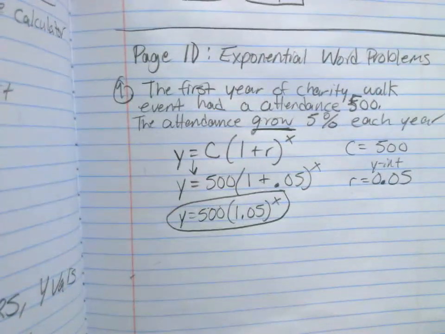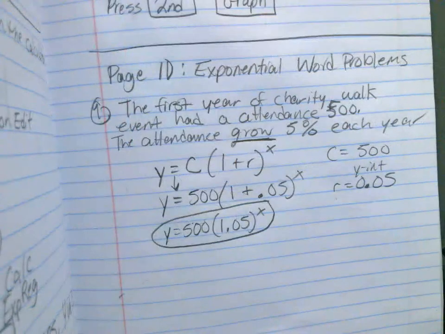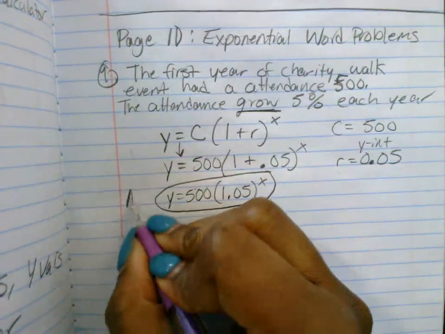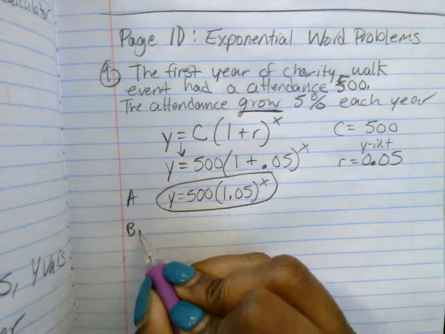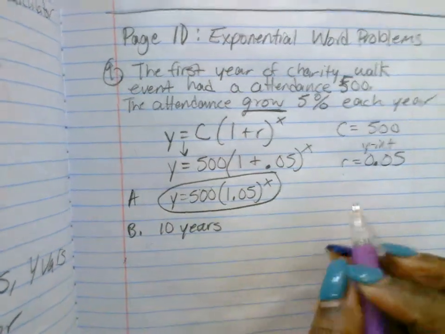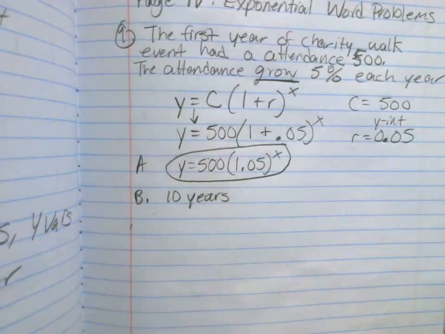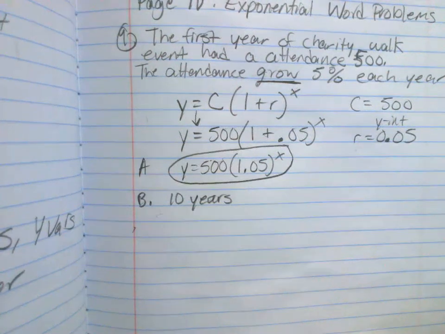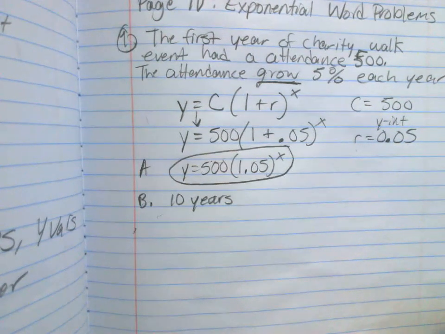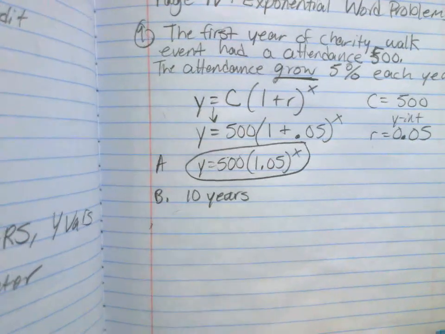I'm going to pause for the class. All right. B says, what is going to be the amount in 10 years? So how do I figure out what the attendance is going to be in 10 years? How do I figure out that amount?